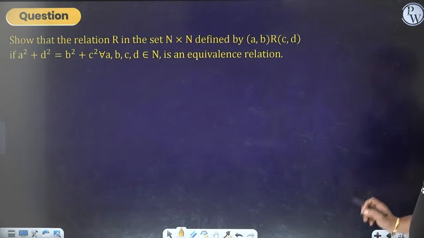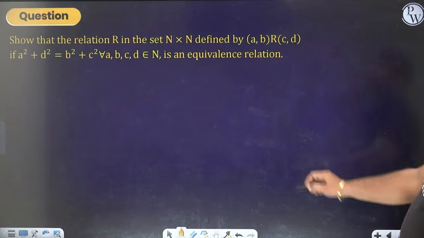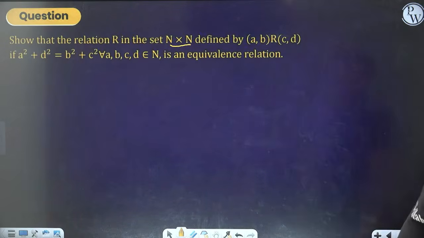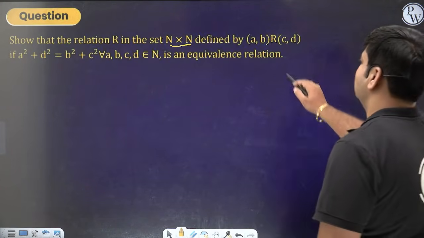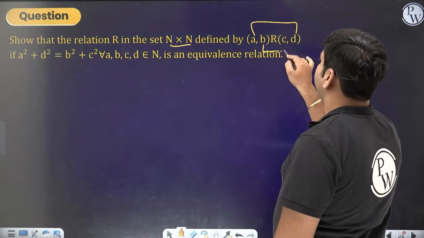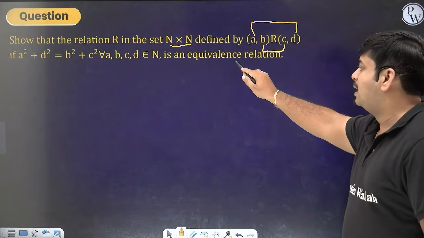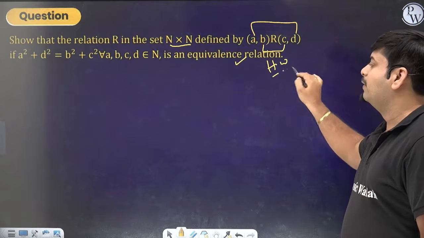Okay, let's move to the next one. Show that the relation R in the set N cross N, N being the natural numbers, is defined by (a, b) R (c, d) if a square plus d square is equal to b square plus c square. It is an equivalence relation, okay? So this is your homework. I'm giving this as homework.